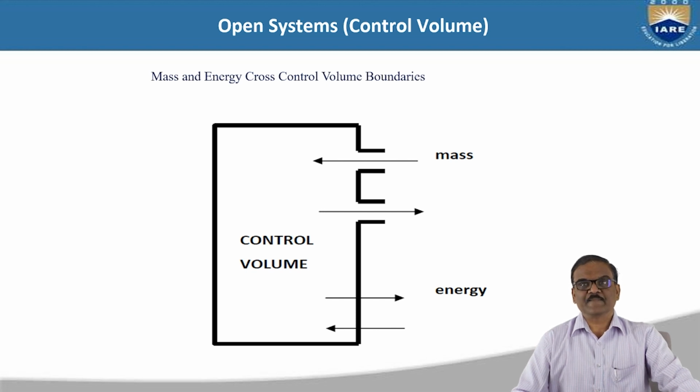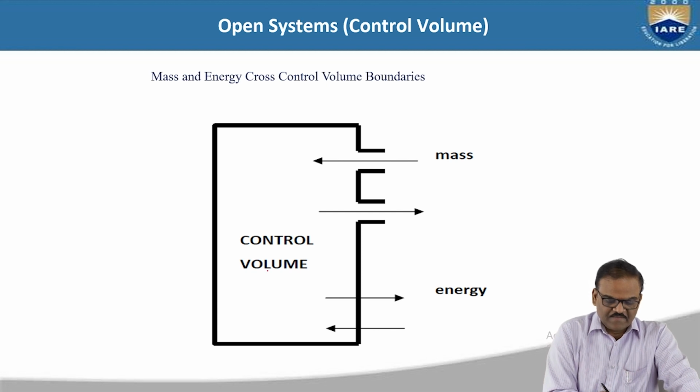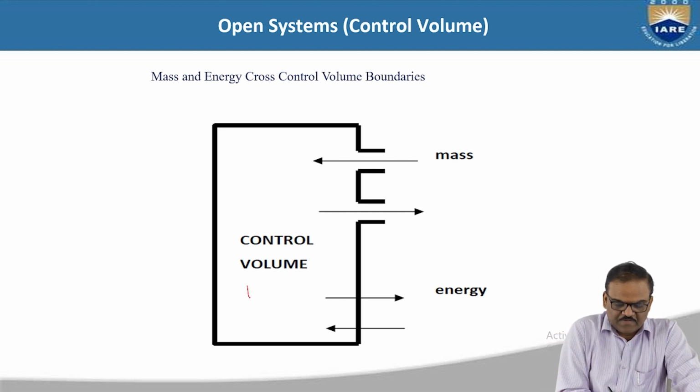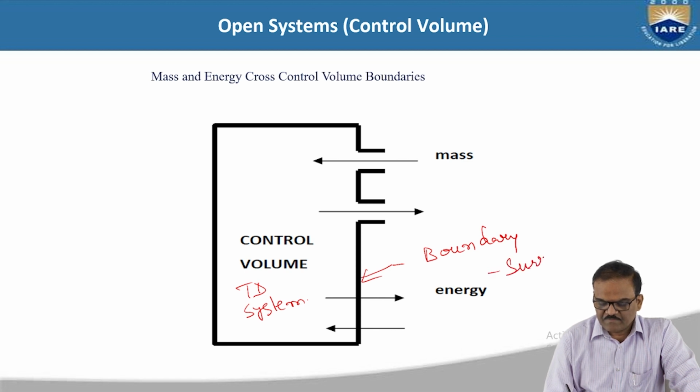Then comes the open system. In the open system, this is the control volume and this we consider as the thermodynamic system, and this is the boundary, and this is the surroundings.